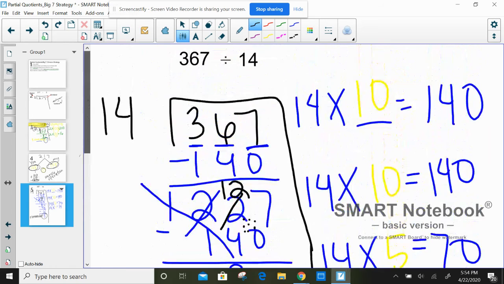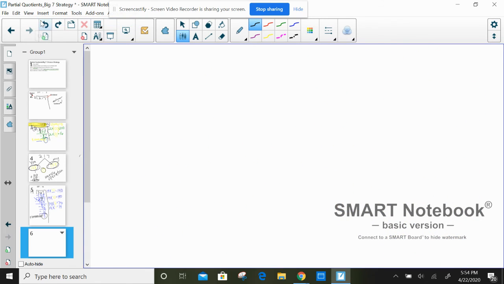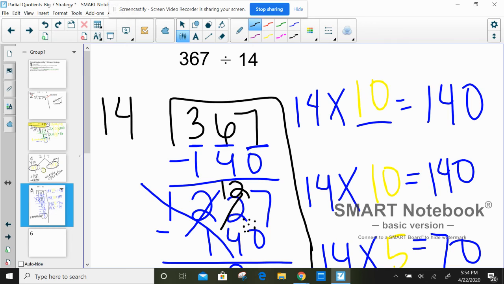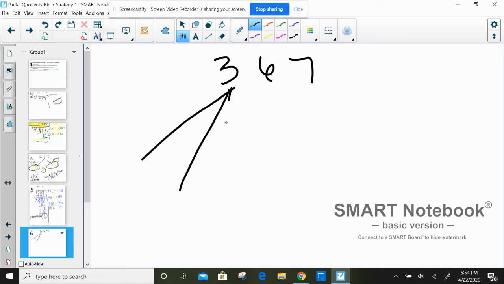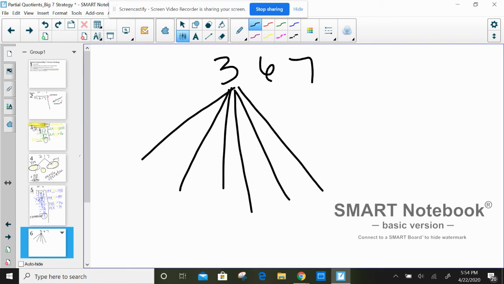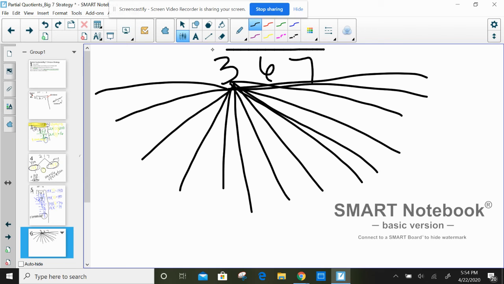So I'm going to explain this again, similar to how I did last time. So let's say we had 367 divided into 1, 2, 3, 4, 5, 6, 7, 8, 9, 10, 11, 12, 13, 14 groups. Okay, we're taking this number and we're dividing it into 14 groups.